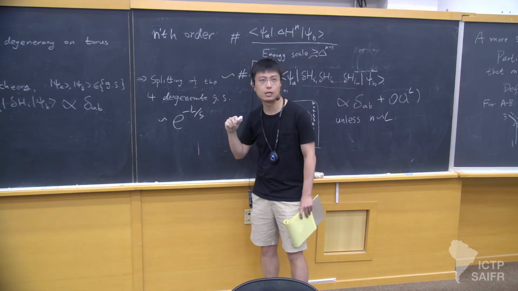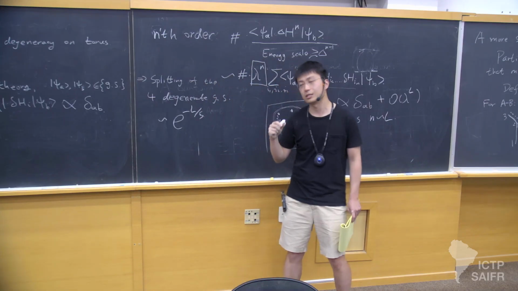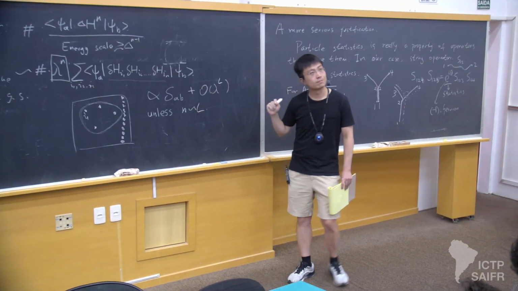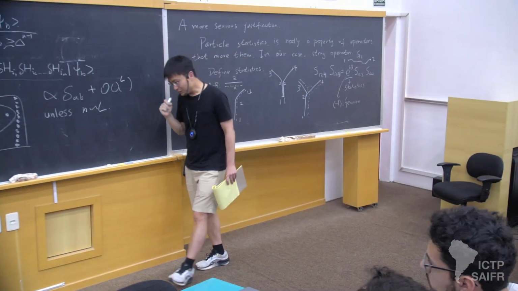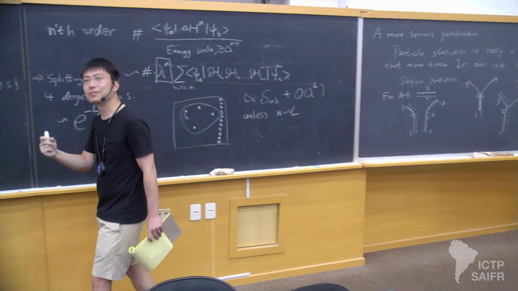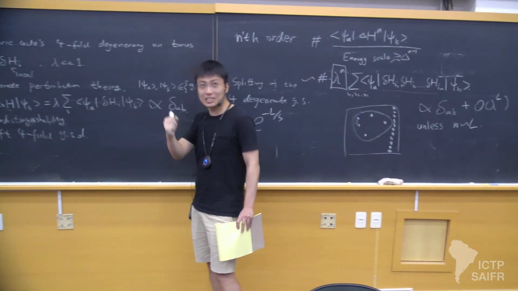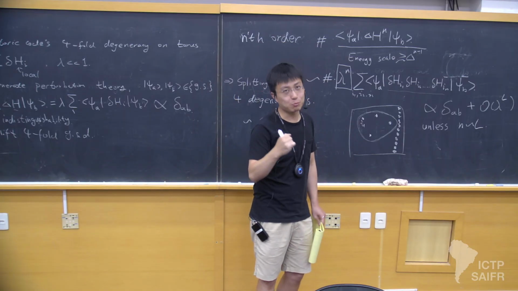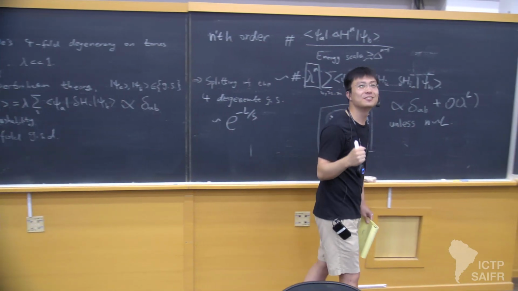Sometimes we call this length scale Xi, the correlation length. And this is just another way of writing lambda to the power L. So I lied to you a little bit. Right? This fourfold degeneracy is not exact at the end of the day, but it's really damn good. Exponentially small in system size is practically, you won't be able to tell.